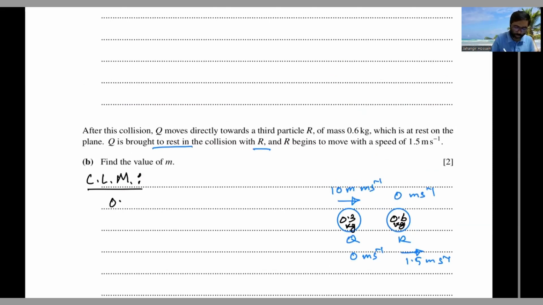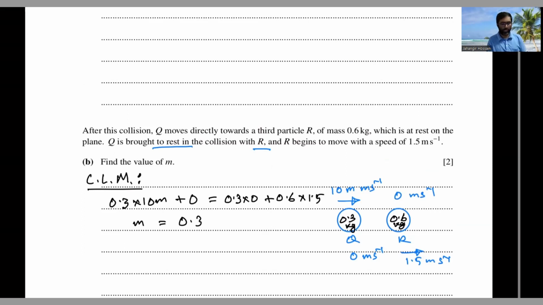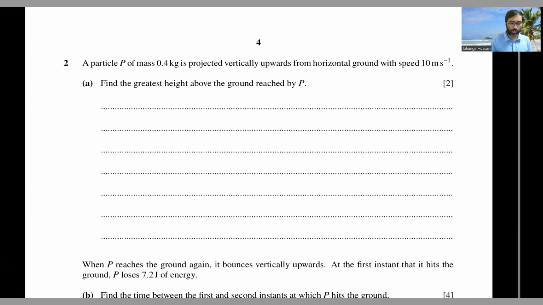So 0.3 into 10m plus 0, that's the sum of momentum before collision, equals 0.3 into 0 plus 0.6 into 1.5. So from this one, we have m equals 0.3. Okay, now let's move on to the next question.